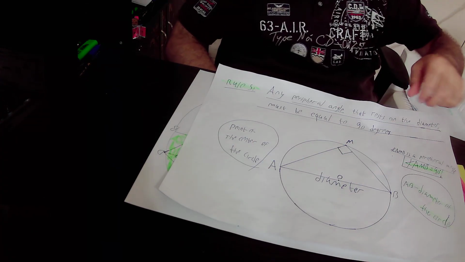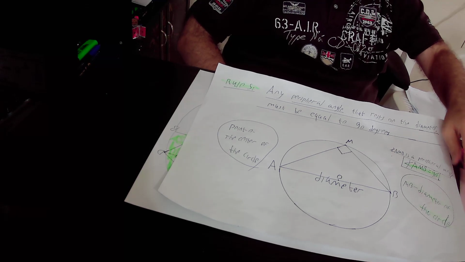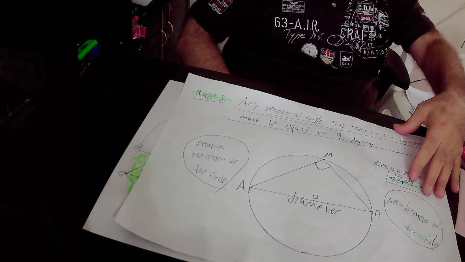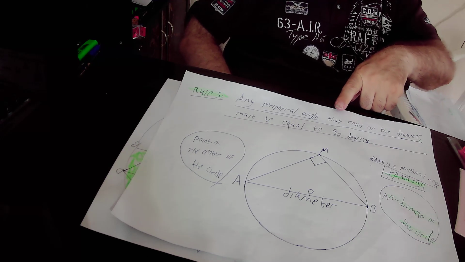According to rule number 5, any peripheral angle that rests on the diameter of the circle or semicircle must equal 90 degrees.